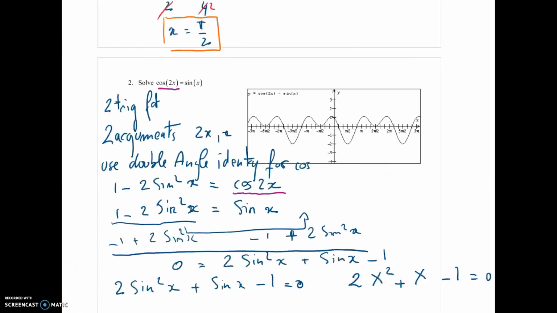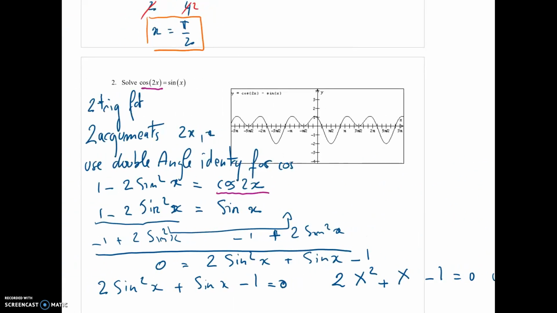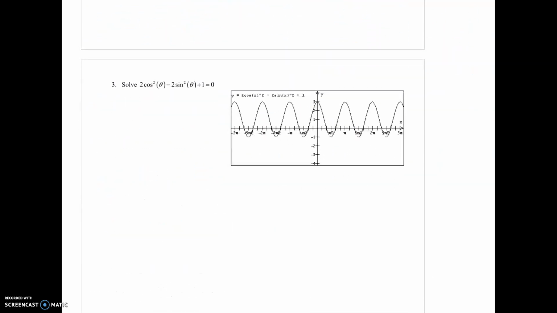So pi over 6 is in red. Then we have 5 pi over 6 right here, in orange. And then we have 3 pi over 2, and 3 pi over 2 is in green. All right, and repeating.